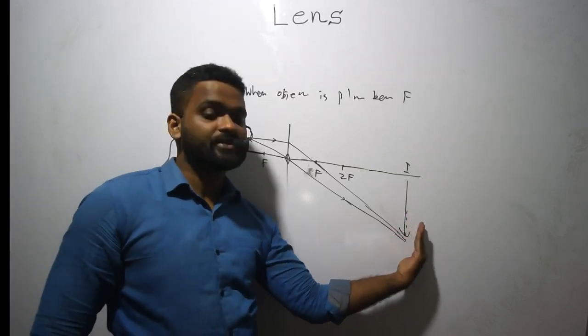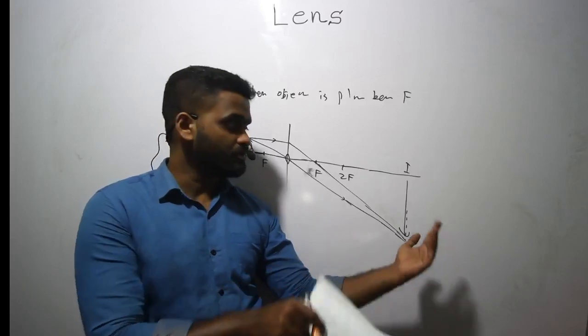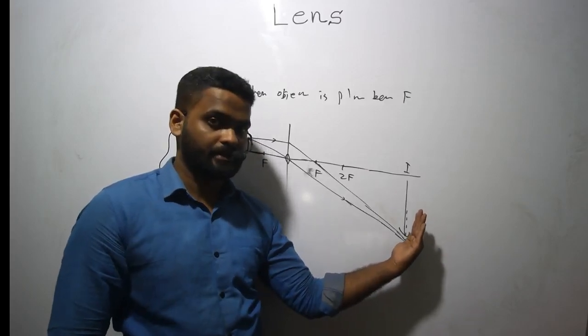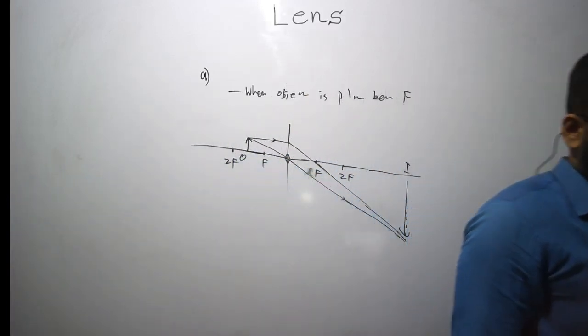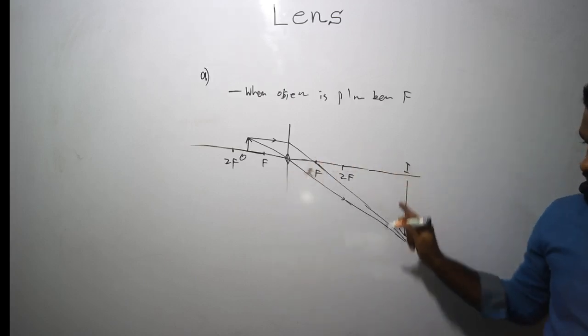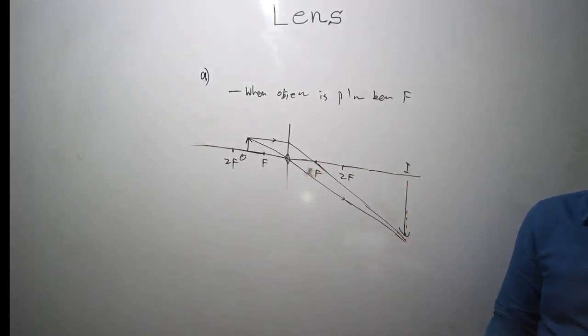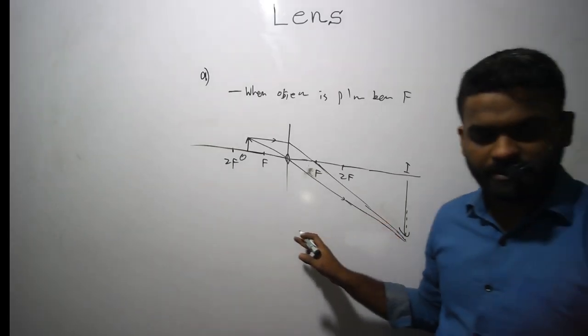If you place a screen here, you will see the image of that object here. If it is virtual, you cannot do that. Using a ruler, draw this. So what are the properties? If you're done drawing this, let me know.